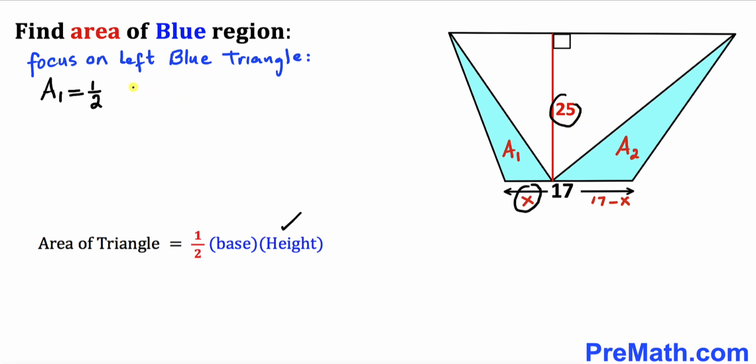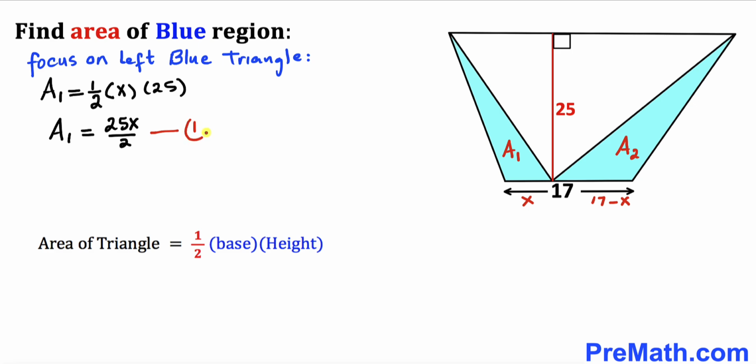So I'm going to write down x times 25. Now let's simplify. A sub 1 is going to be equal to 25x divided by 2. Let me call this our equation number 1.